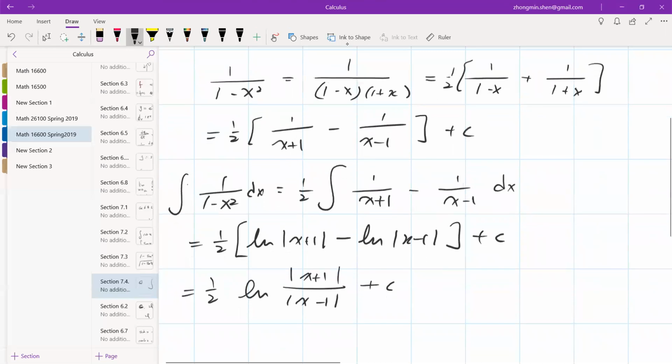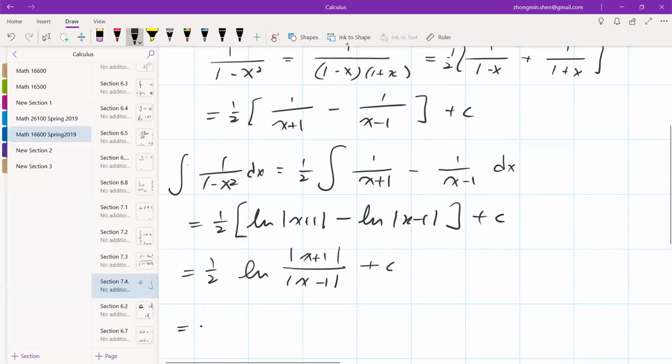There is no restriction on x here, except that x plus 1 and x minus 1 are not going to be 0. So this is true when x is not plus or minus 1, because when x is equal to 1, the denominator is not defined. When x equals negative 1, the numerator is going to be 0, so natural log of 0 is not defined.